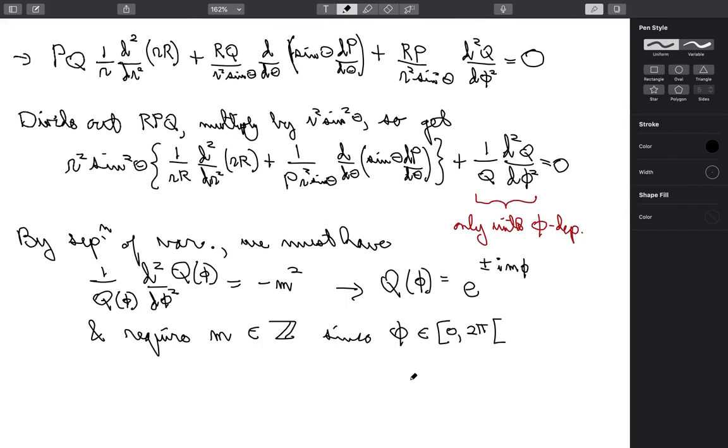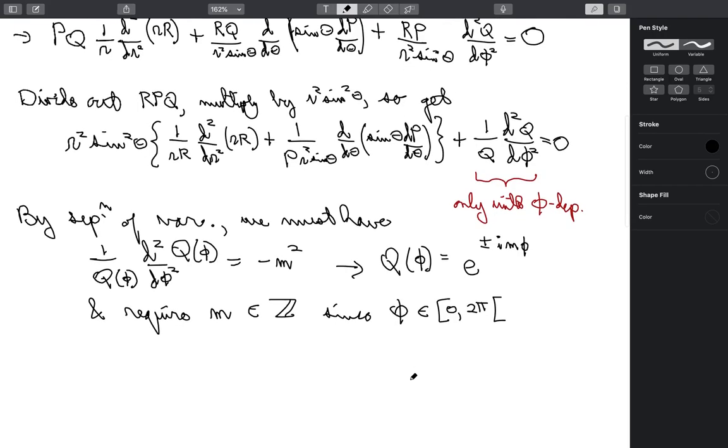Okay, now we can go a little bit further, because if this thing here is equal to minus m squared, which is a constant, then this whole thing here has to be equal to plus m squared, so that we fulfill Laplace's equation. So we can just rewrite that out a little bit here.